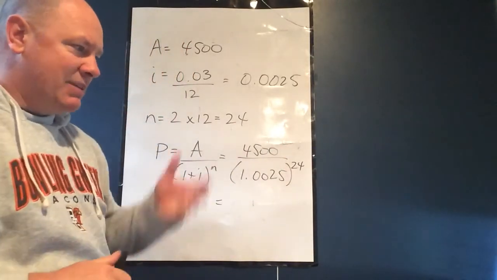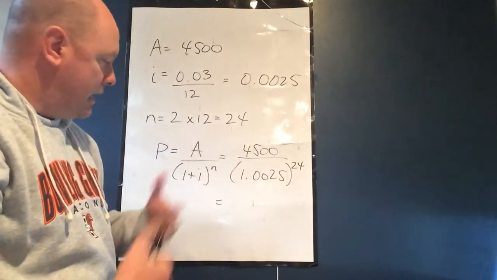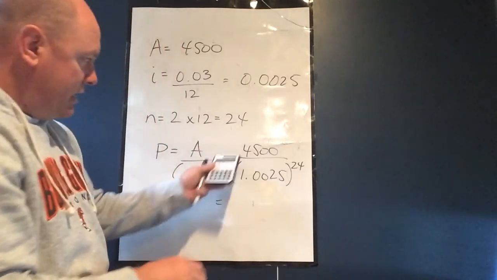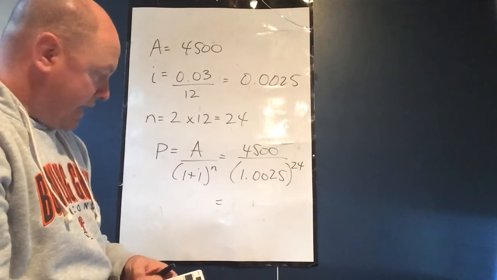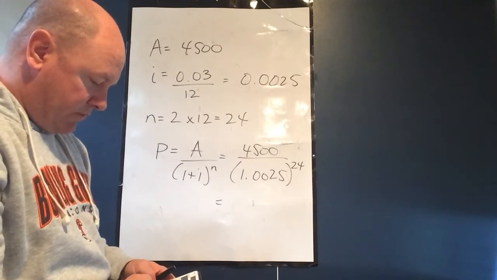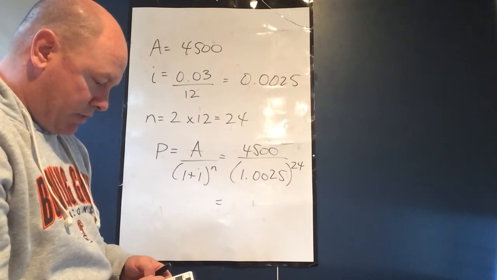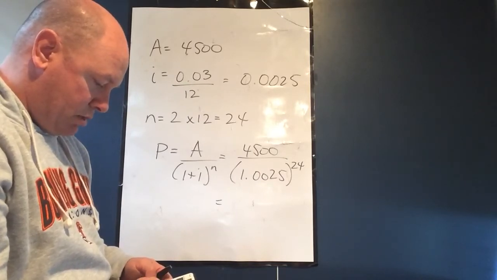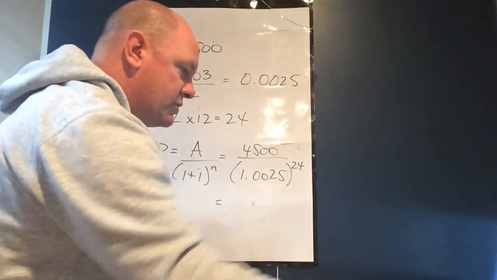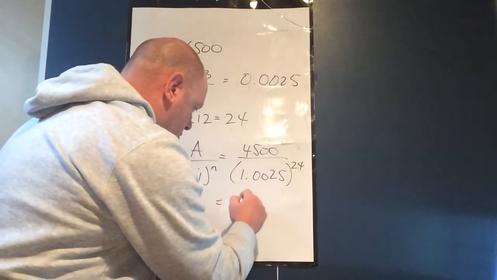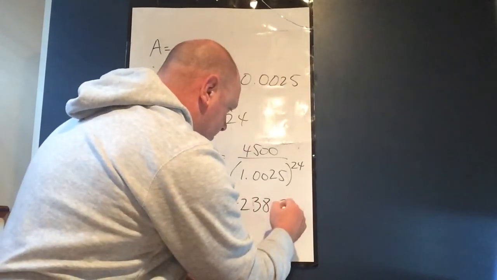Now, remember, this is a present value, so this value is going to be smaller than the 4,500. So all I need to do is take my 4,500 and divide it by the bracket 1.0025 to the exponent 24, and I'm getting a value of $4,238.26.